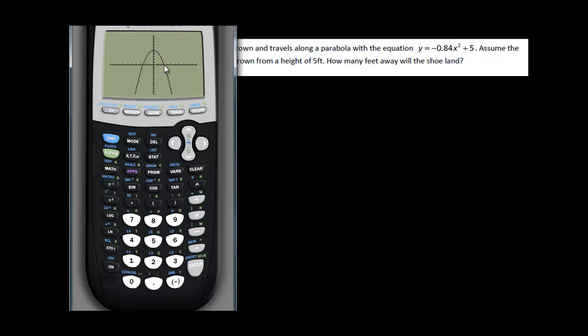How many feet away is the 0 right over here? So second, trace, 2, left bound is anywhere before it, right bound anywhere after, and then guess. So it's going to be approximately 2.44 feet away.